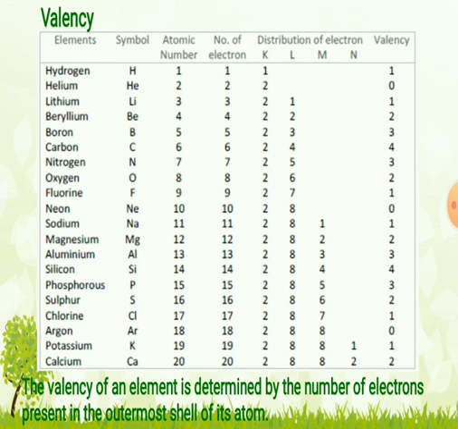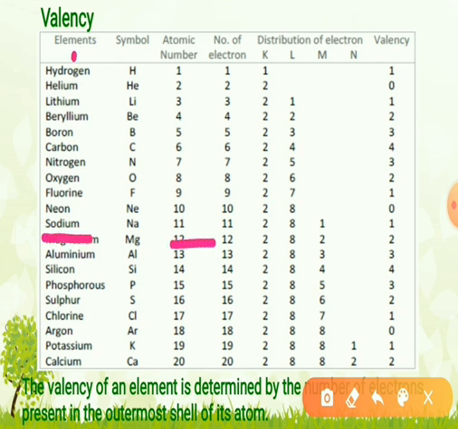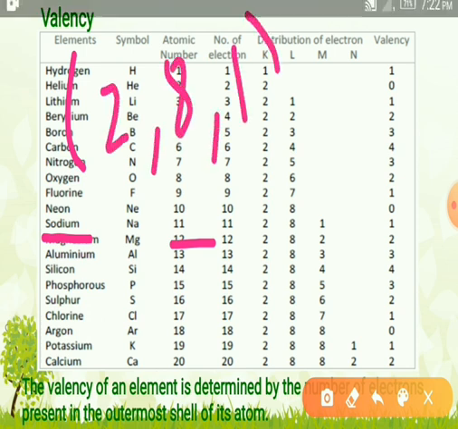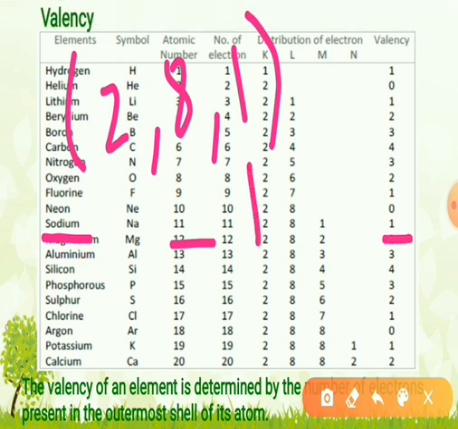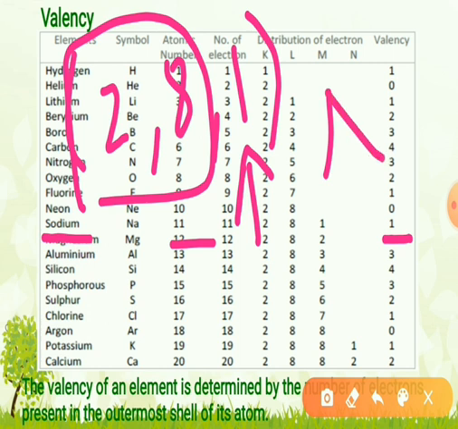If you consider the element sodium, it has atomic number 11 and the electronic configuration is 2, 8, 1. So the valency of sodium is 1. Why? Because it is easy to give off 1 electron and become stable as an Na+ ion, rather than accepting 7 electrons.